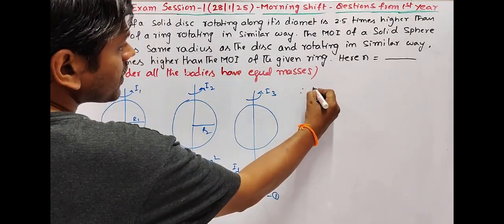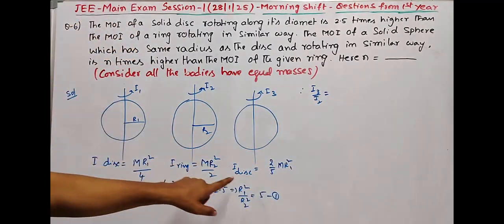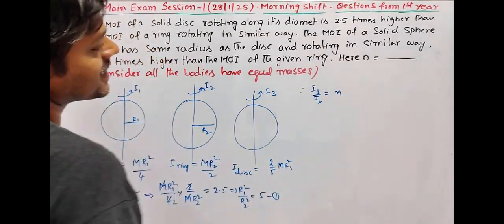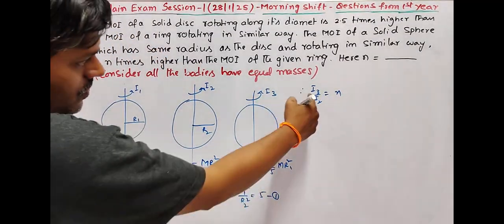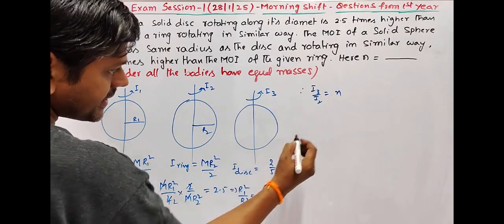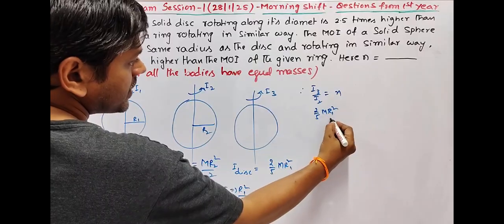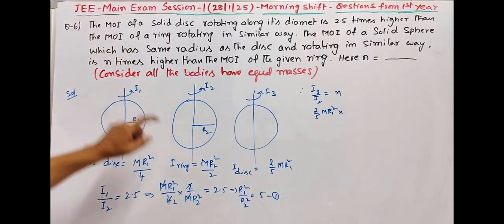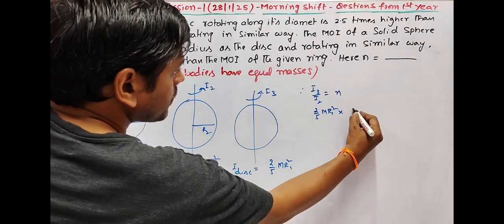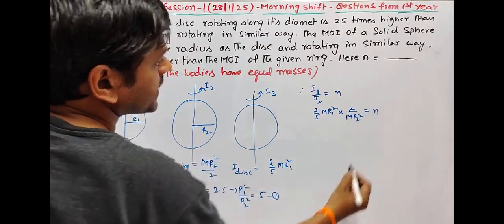Therefore, the ratio I3 by I2, that means moment of inertia of the sphere to the ring, is n times. So I3 is 2 by 5 M R1 square into, for I2, the ring, 2 by M R2 square is equal to n.